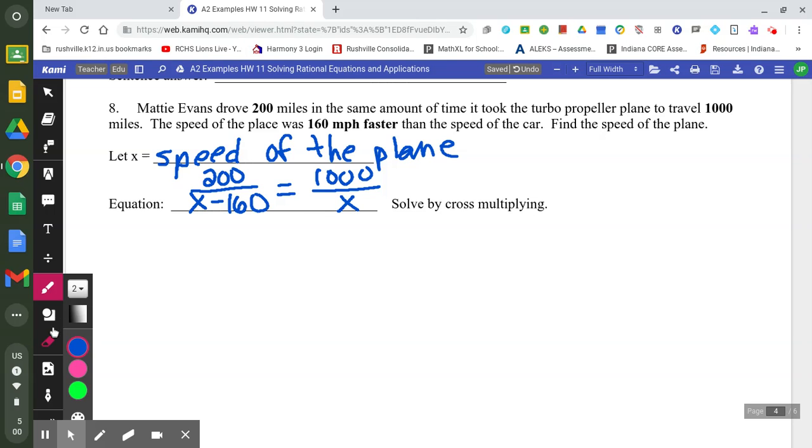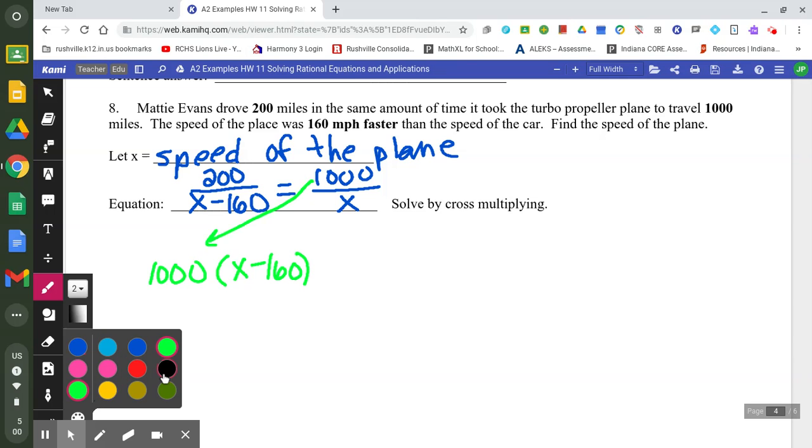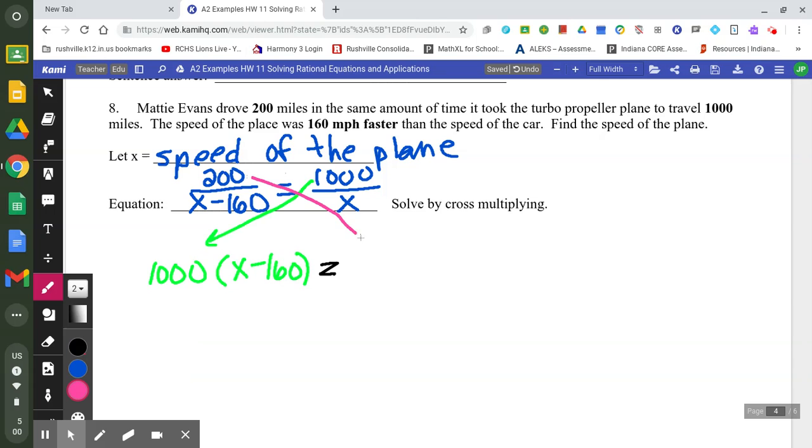So then we can cross multiply. So again, I'm going to take one of the numbers on top times the number on the bottom of the other fraction. So 1,000 times X minus 160. And then that's going to equal the top of the other fraction times the bottom of the other fraction.